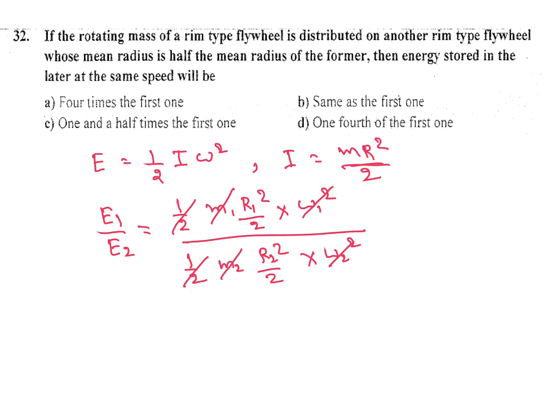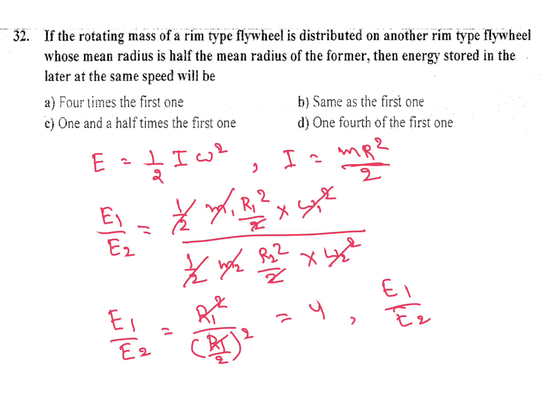Then E1 by E2 equals R1 square over R2 square, R2 is half of R1, so R1 square over (R1 by 2) square, R1 square cancels, so 2 square is 4. Finally E1 by E2 equals 4.